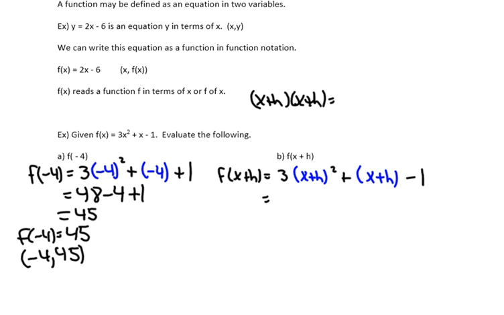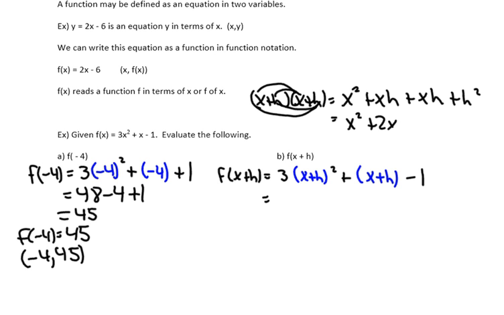So we know what? X squared plus xh plus another xh plus h squared. So we have x squared. Now we have an xh plus an xh. That's 2 xh's plus h squared.